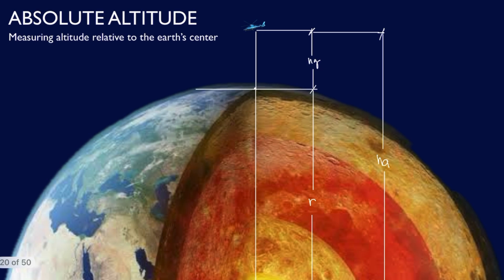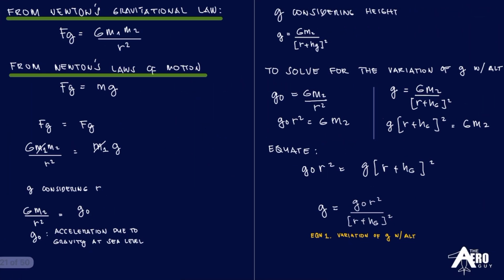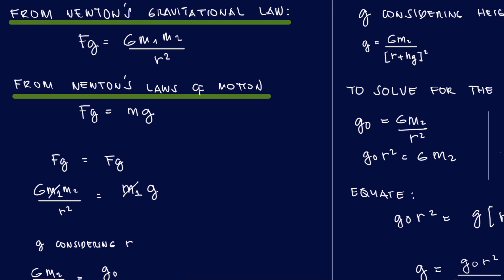As we go up higher from the center of the Earth, gravity also changes. Reviewing our understanding of Newton's gravitational law and Newton's laws of motion, we get to understand what a force is. In particular, we get to see the force of gravity expressed as Fg equals G m1 m2 over R squared.